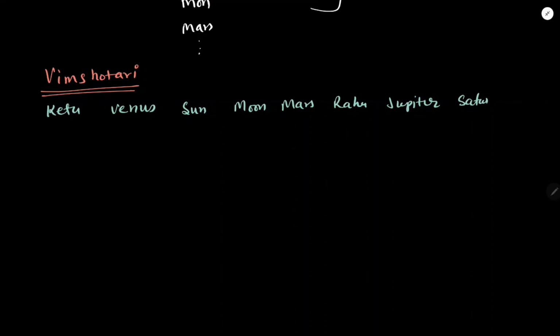After Jupiter, we have Saturn and Mercury, right? And these planets have been given certain years of Dasha in Vimshottari. Ketu has 7, Venus 20, Sun 6, Moon 10, Mars 7, Rahu 18, and then 16, 19 and 17, respectively, for Jupiter, Saturn, and Mercury.